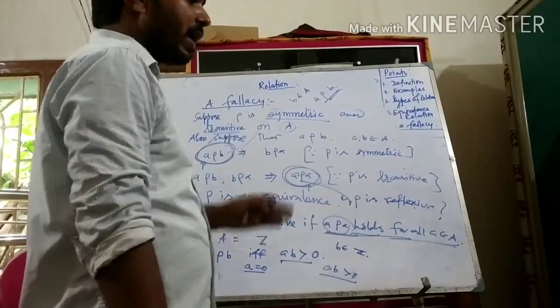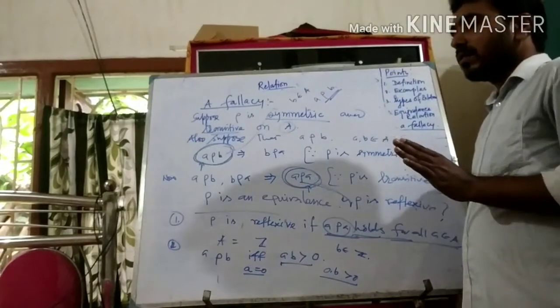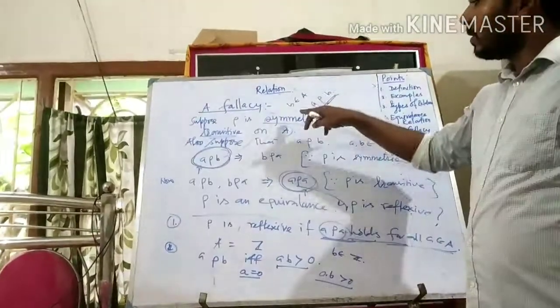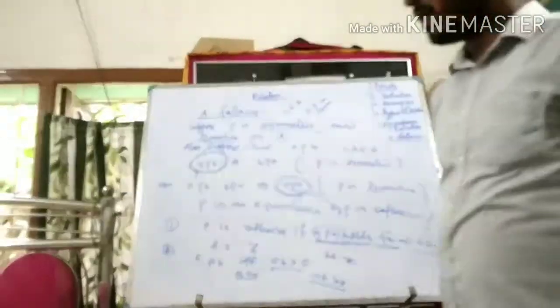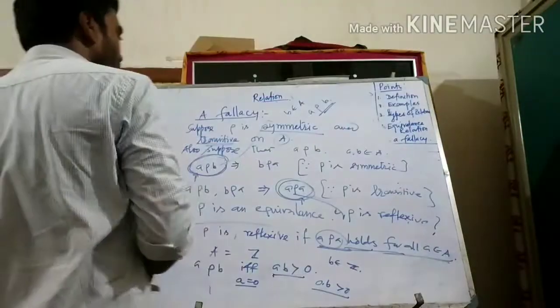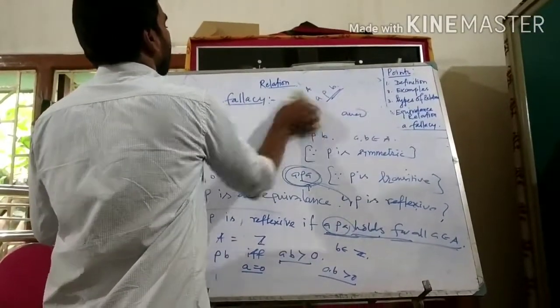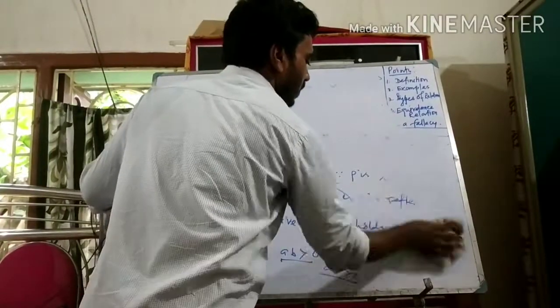That's why we define a relation to be an equivalence relation only when rho is reflexive, symmetric as well as transitive. Okay, so let's stop here. I think you have understood what I have taught you.